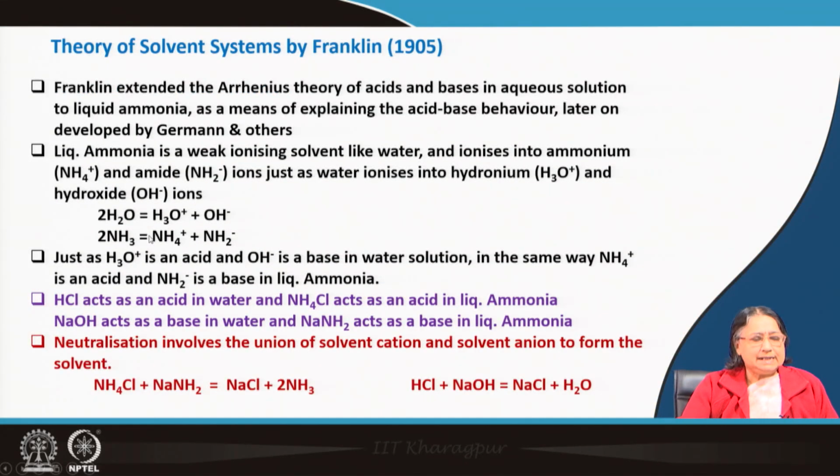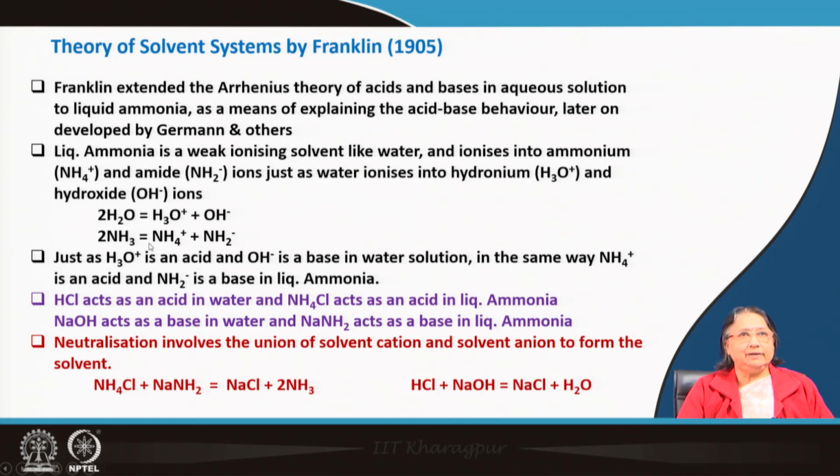Now, this concept which Arrhenius gave in aqueous medium was then extended by Franklin in 1905. He extended this theory to another solvent, which is liquid ammonia. We know that many reactions are carried out in liquid ammonia, and he said that just like water molecules, ammonia also can give the ammonium ion and the amide ion.